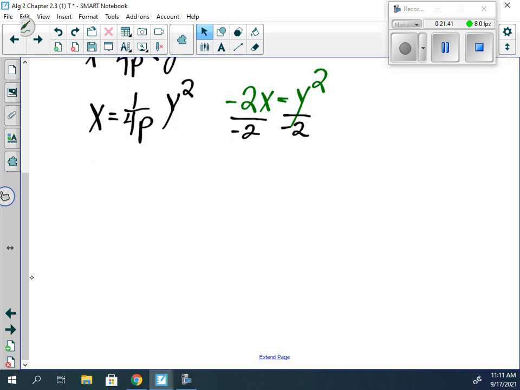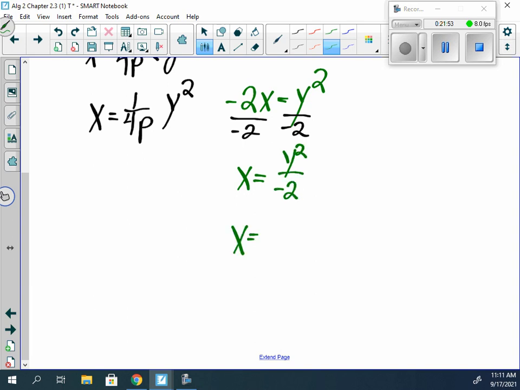Because the negative 2x divided by negative 2 is going to give us x. Which would be the same as x is equal to negative 1/2 y squared.